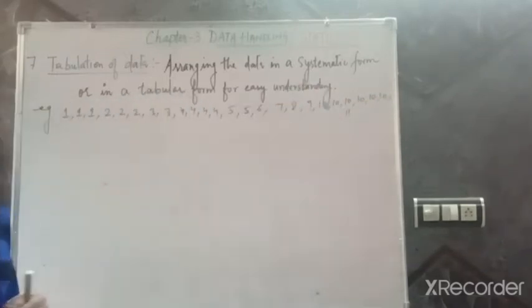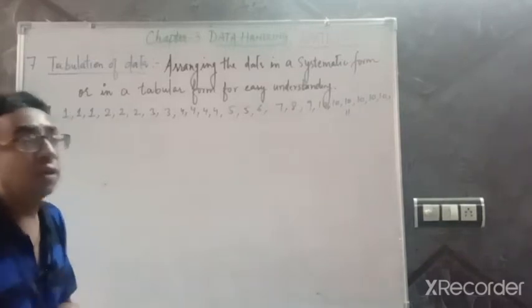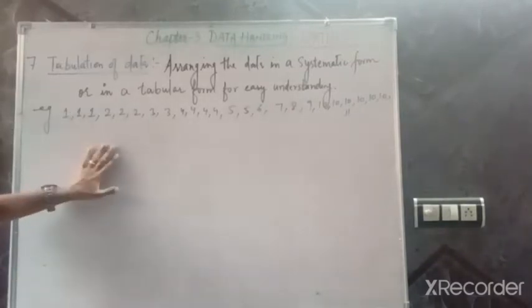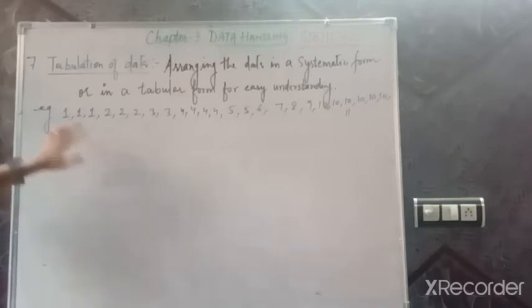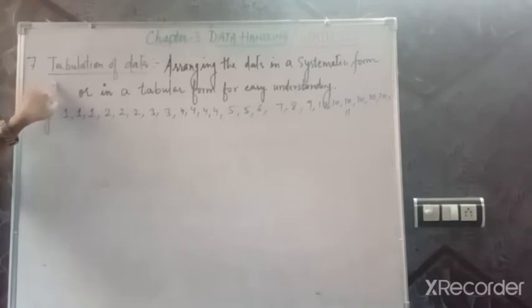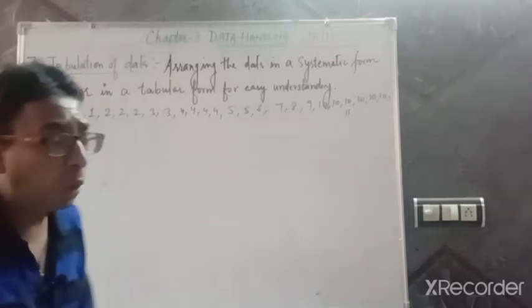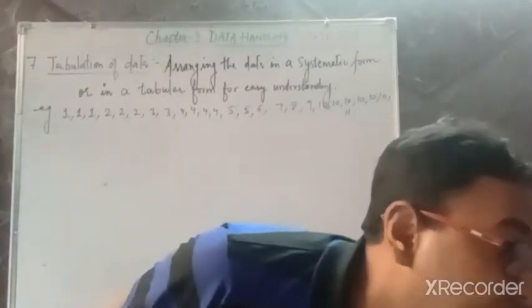You may get the question, please convert the given data into a frequency distribution table, or represent the given data in a frequency distribution table. Tabulation of data also means a frequency distribution table. How to do it is very, very easy.